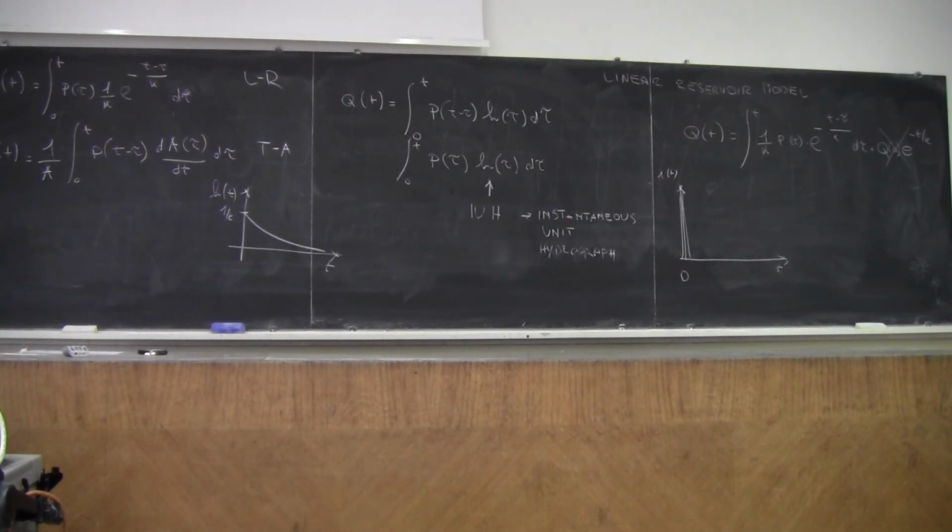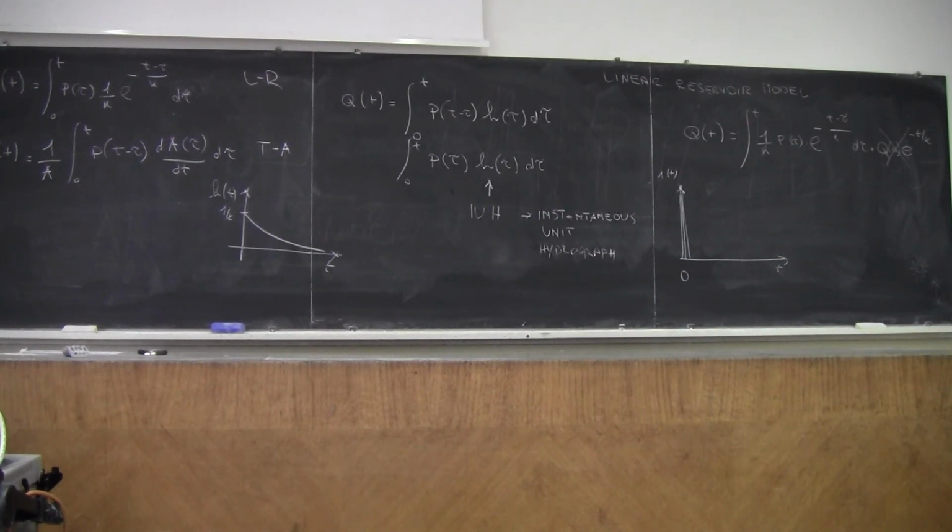Then you may ask me, what is the counterpart of K in the time area method? Because you may say, you said that the two models are very similar, except for the shape of the instantaneous unit hydrograph.